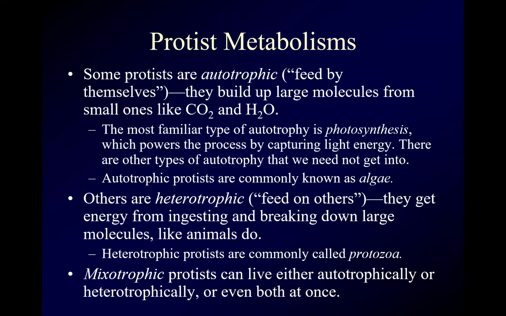And all of the protists you've seen so far, Chlamydomonas, Spirogyra, Ulva, are photosynthetic, which means that they build up large molecules from small ones and they power the process by capturing light energy. There are other types of autotrophy that build up large molecules out of small ones but use something else as an energy source.